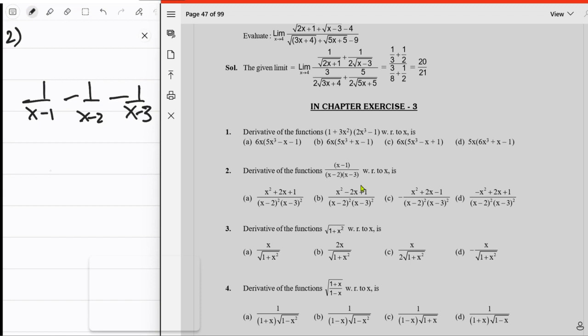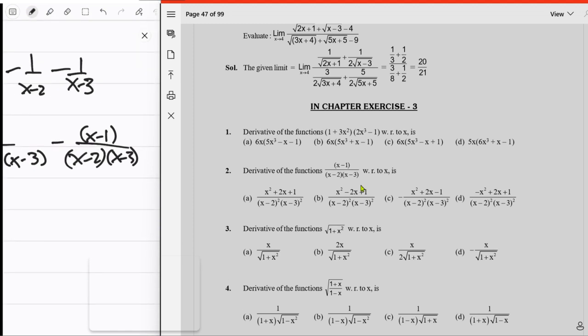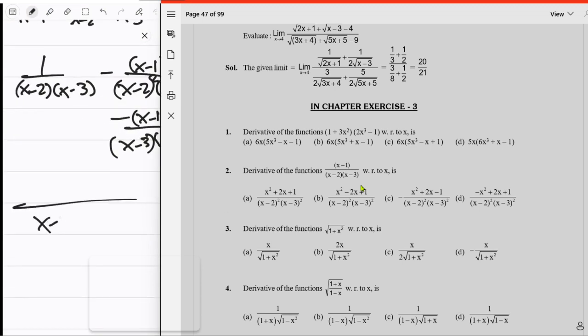Fine. So just 1 upon x minus 2 times x minus 3, minus x minus 1 upon x minus 2 times x minus 3 squared, of course. And then minus x minus 1 upon x minus 3 squared times x minus 2 squared, right? So it's this thing, x minus 3 squared, x minus 2 squared.